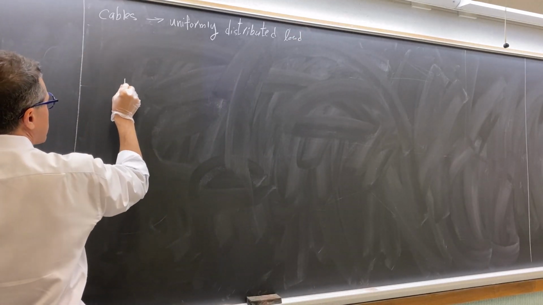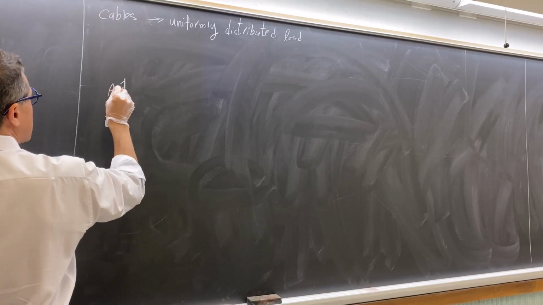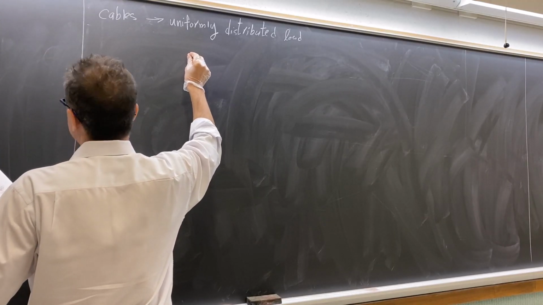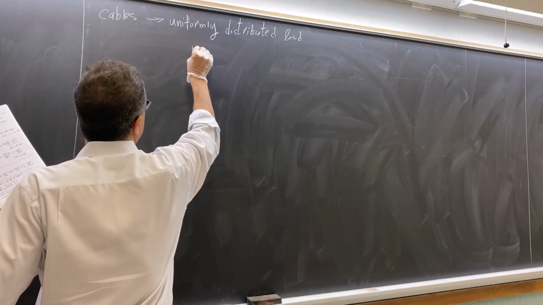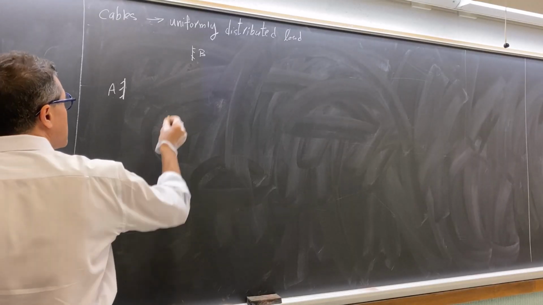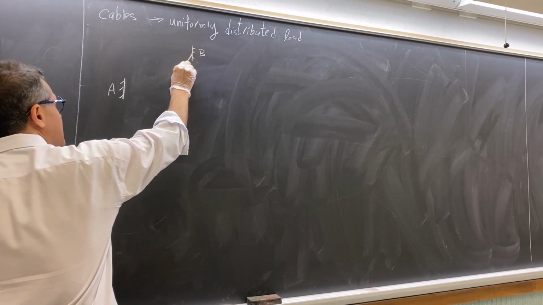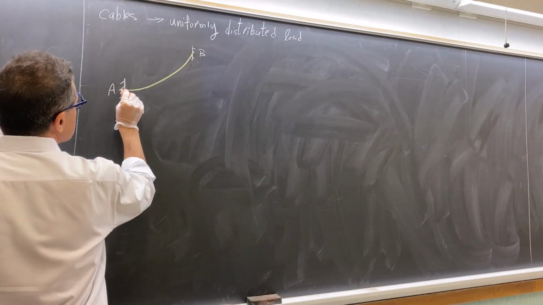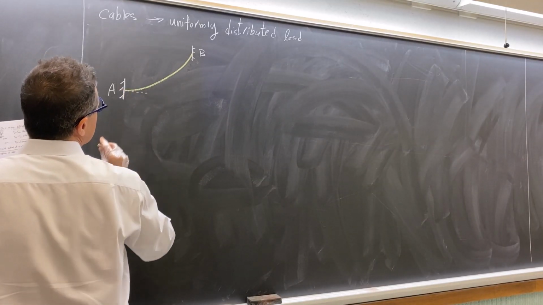Consider point A, the lowest part of the cable, and consider point B, the highest part of the cable. The cable is attached to A and B. Assume the tangent line is horizontal here.